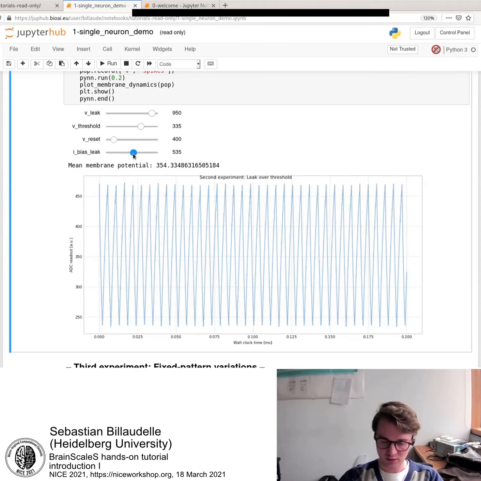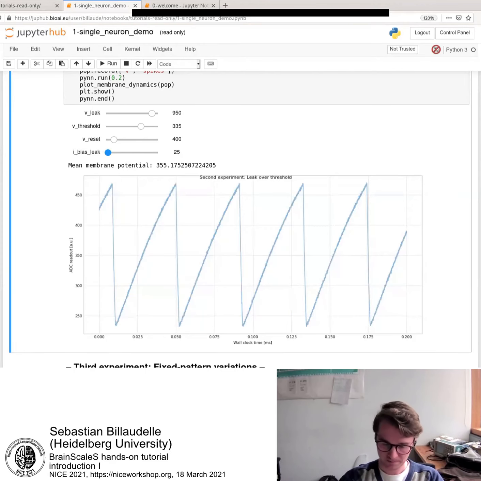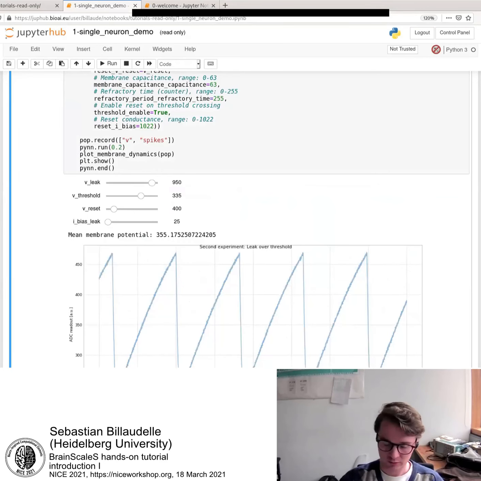If I decrease that, you can reach very slowly evolving membranes. There are some additional parameters here, and you can practically reach extremely long time constants with these circuits, up to 0.5 milliseconds and down to 0.5 microseconds. So you can configure these circuits in roughly 2 to 3 orders of magnitude.